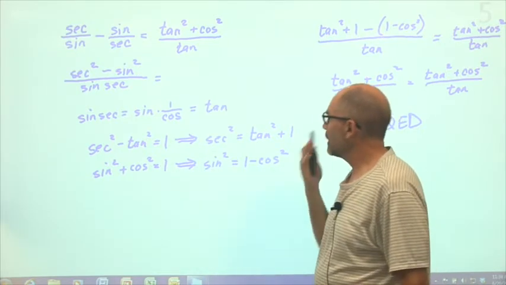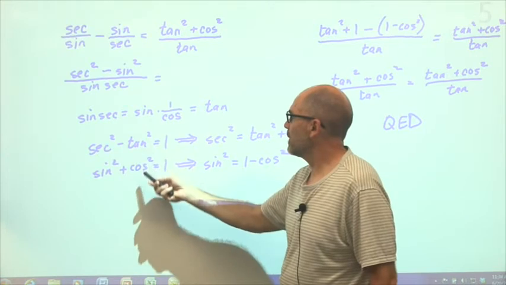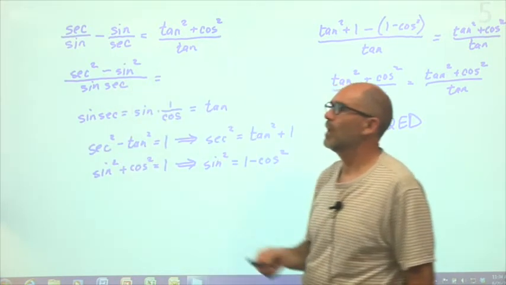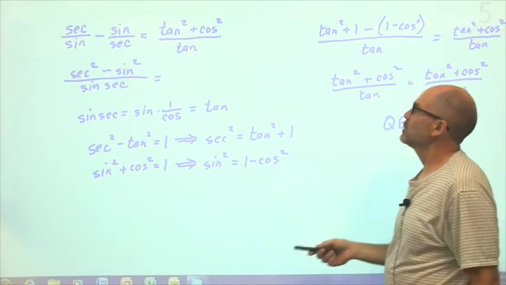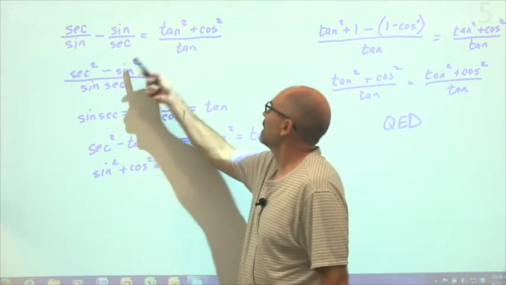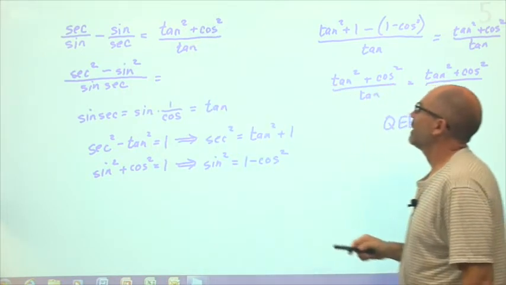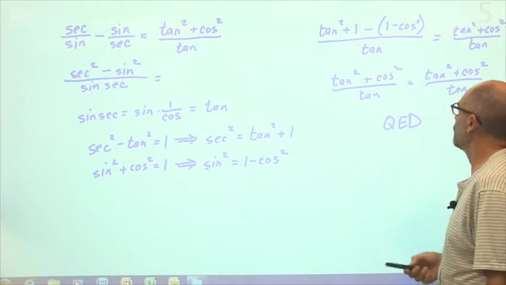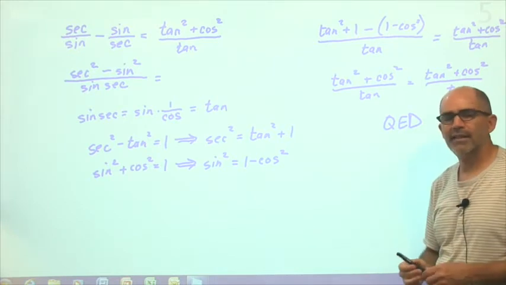And then all we did was we used our two Pythagorean identities to change the squared functions into the other squared functions. So changing secant squared into tangent squared and changing sine squared into cosine squared. And when we did that, the 1's canceled and the signs all turned out right. So that's all happy.